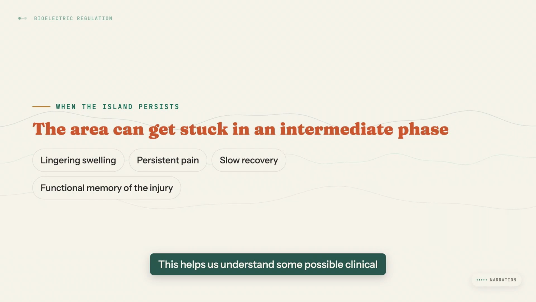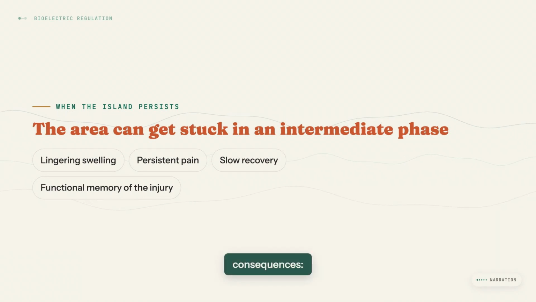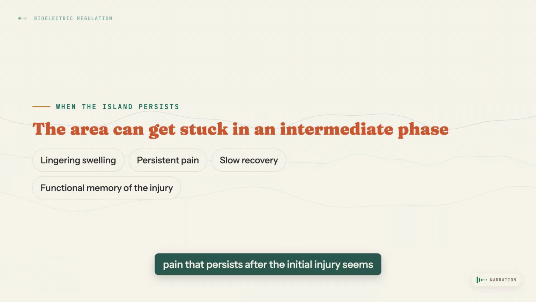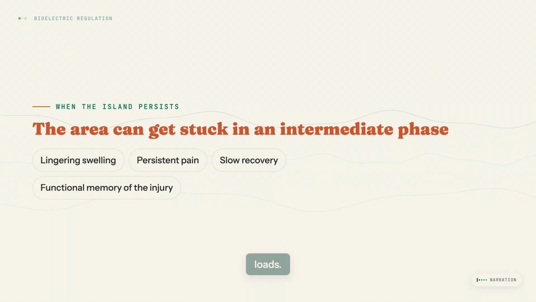This helps us understand some possible clinical consequences. Pain that persists after the initial injury seems to have improved, swelling that lingers, exaggerated sensitivity, slow recovery, limited movement, or a region that reacts again to relatively small loads.